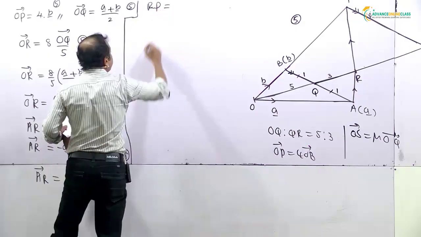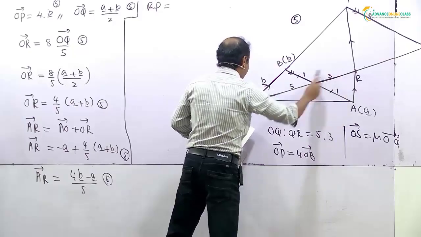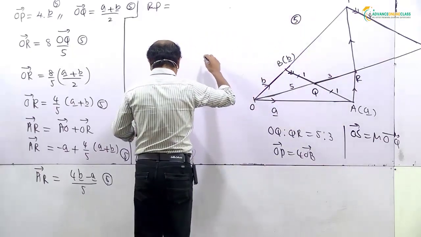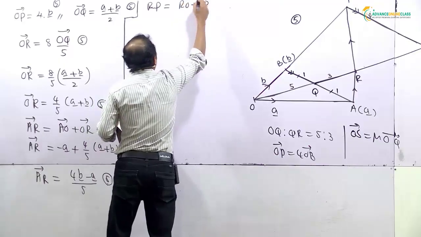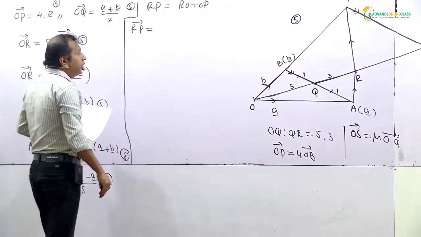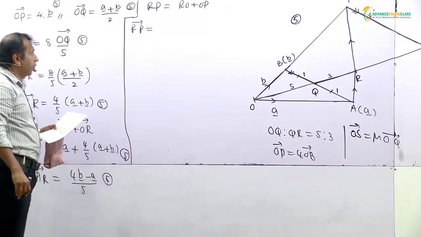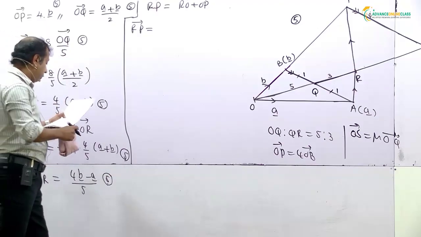RP vector you can write RO plus OP. RO vector plus OP vector. RP vector. RO means minus OR. Right, OP is 4B. Put them there.